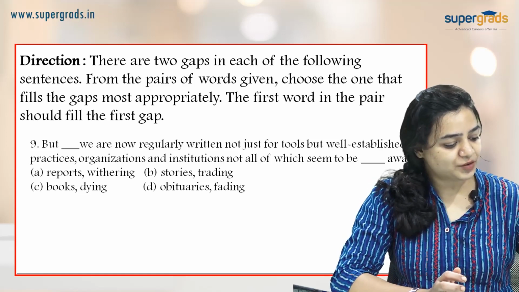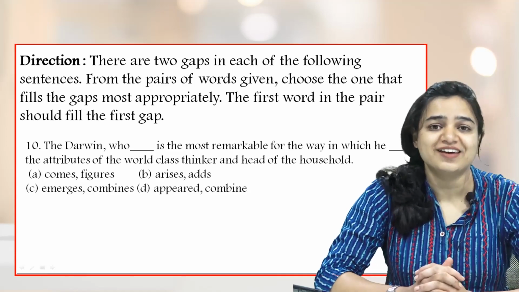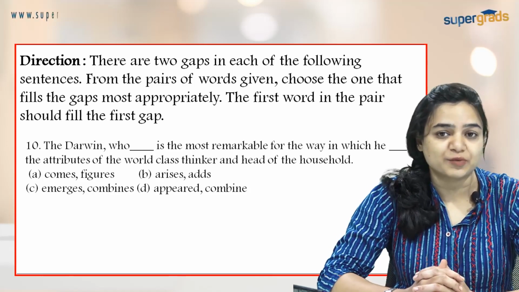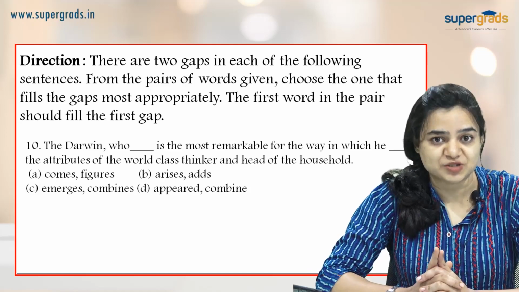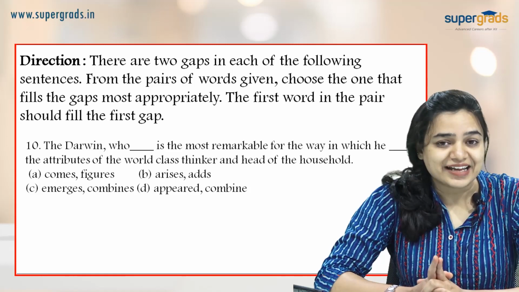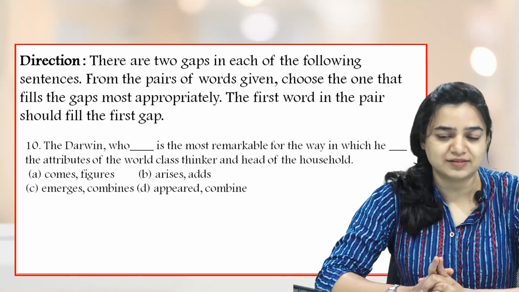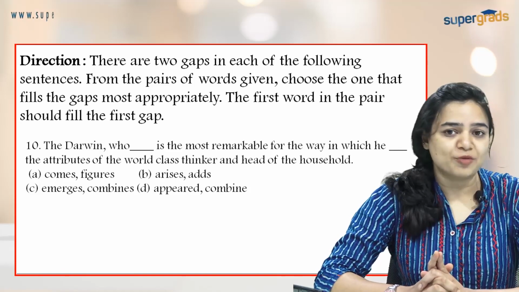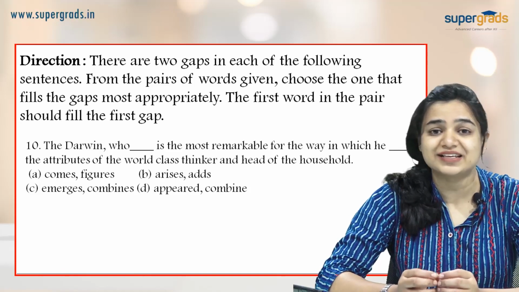Let's go ahead to our last question, which is question number 10, the last question for today. Now here we are talking about Darwin. And Darwin, that is one person, that is singular subject. So your verb is also supposed to be singular, right? And if you just keep that small concept in mind, you will know that D option cannot be right, because the verb here is plural. Combine is a plural verb.